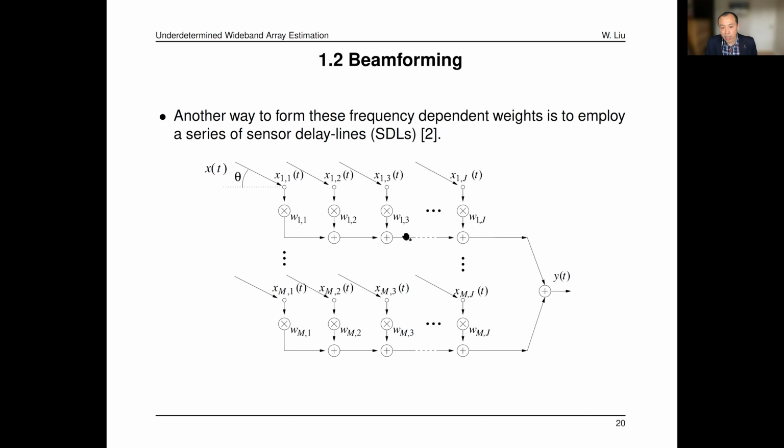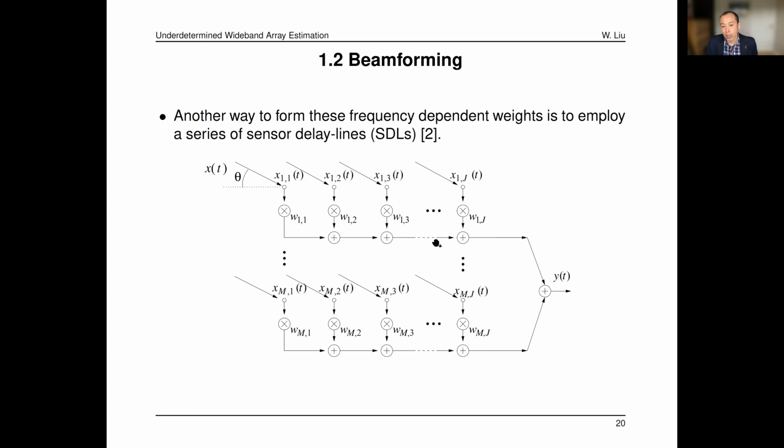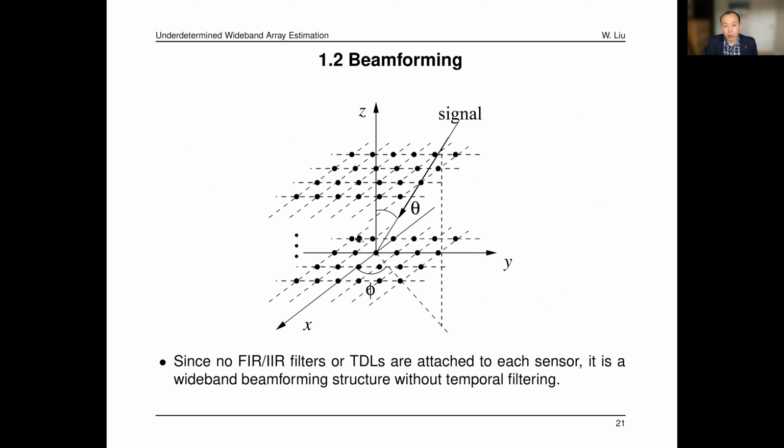In this one, it looks like a narrowband structure because each received signal is multiplied by one coefficient. But because of the layout of the geometry of the array, it can do effective wideband beamforming. Or if you have an original planar array, you can put more sensors behind this planar array, and then you have this cuboid structure. It is still a narrowband array beamforming structure, but with an additional spatial dimension, you can do wideband beamforming.